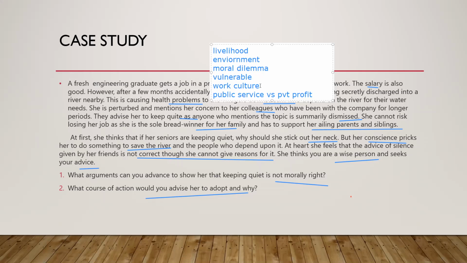Time is up, and try to write a conclusion for this, in 1 minute. And if someone is not able to write, then send it in the message box.